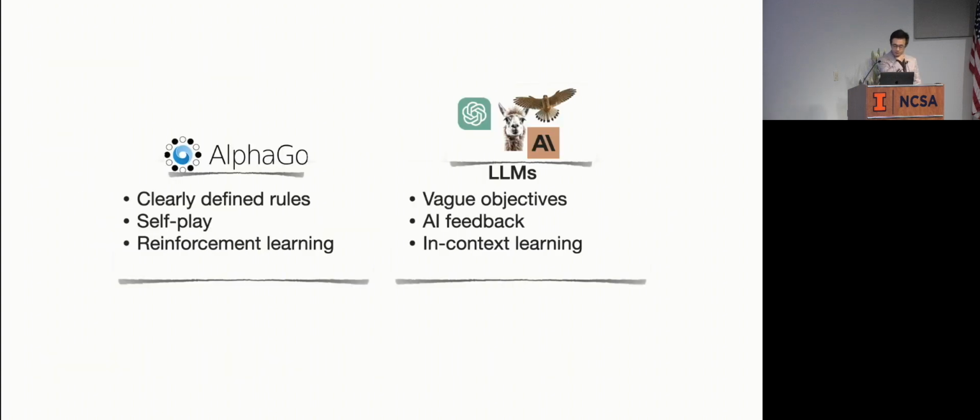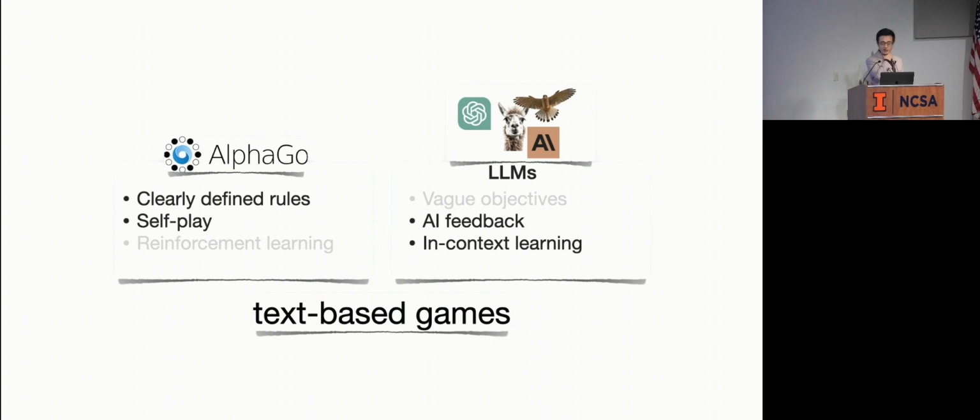So let's specify some connections between AlphaGo and today's large language models. AlphaGo is optimized for a very clearly defined goal, and it trains on the data generated from self-play with reinforcement learning. The goals that language models are trained to achieve are less well-defined. They can learn from AI feedback through in-context learning.